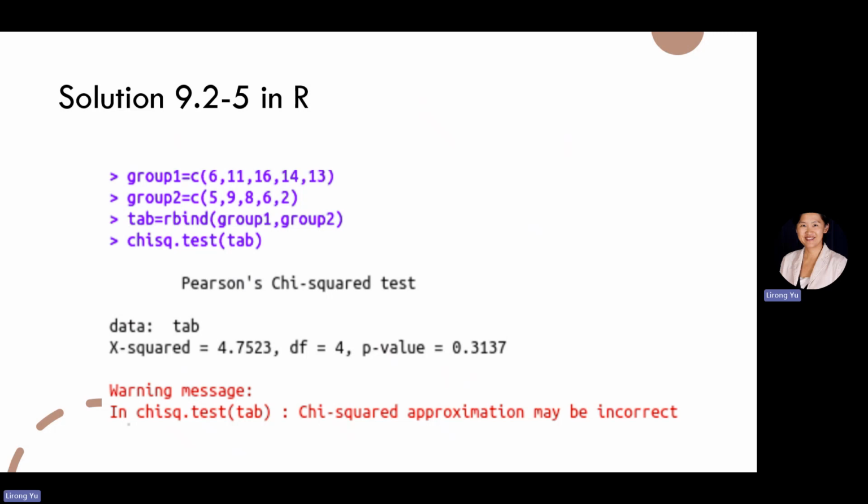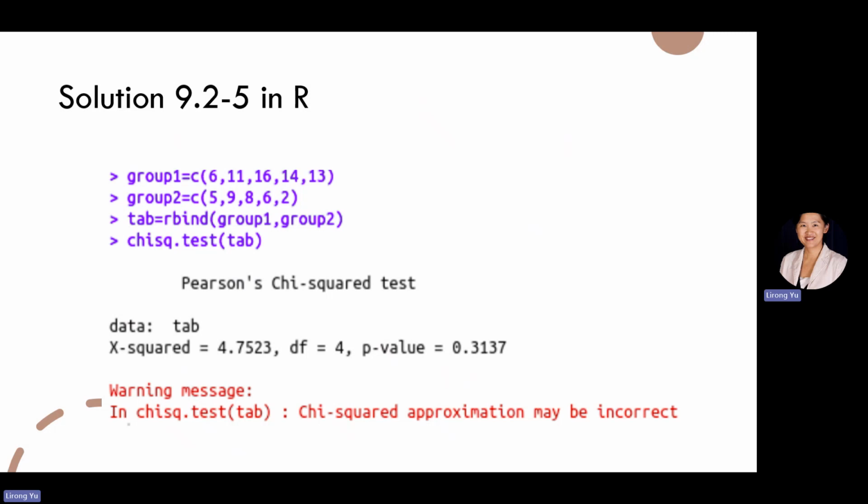Any question? All right. Here's a warning on whether the chi-square approximation is right, because in the process we're assuming the underlying normal distribution, but we haven't really guaranteed that. You can see one of the observations is 2. Whenever the number of successes, or n times p, is lower than 5, you see that warning.